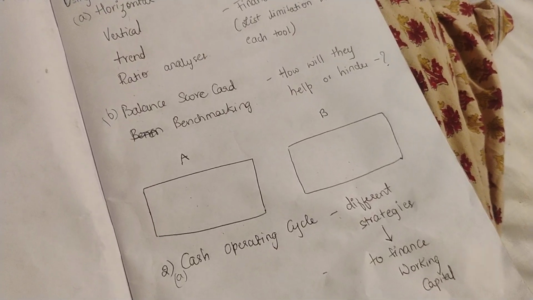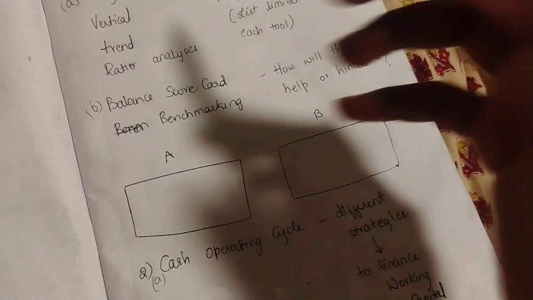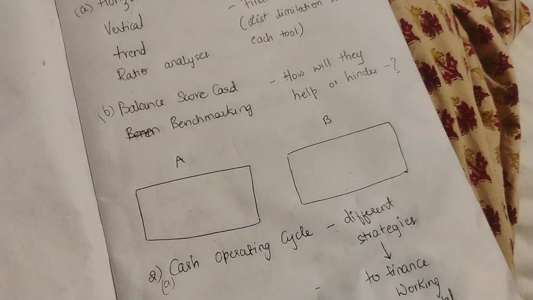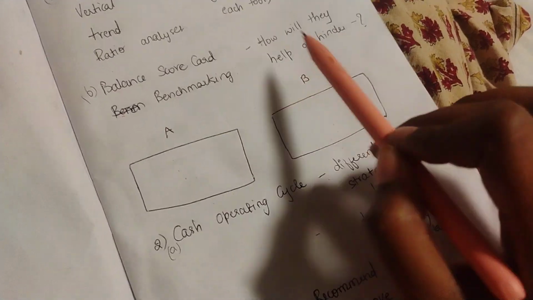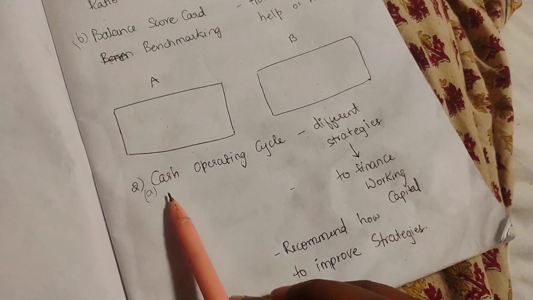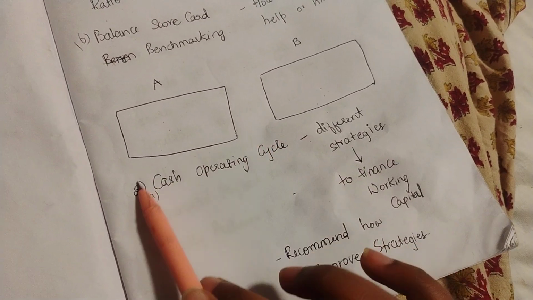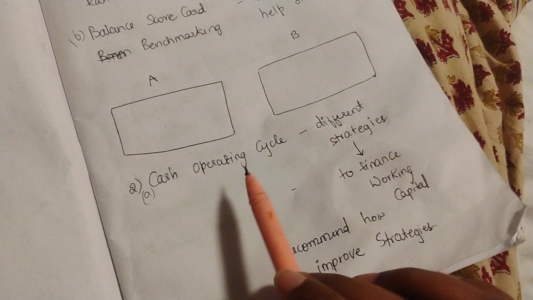Once that is done, you have something called the cash operating cycle. In this cash operating cycle, we have different kinds of strategies. What are these strategies meant for? To finance the working capital. Of course you need money to make money. If you want to make money, you need some kind of investment, some kind of capital.